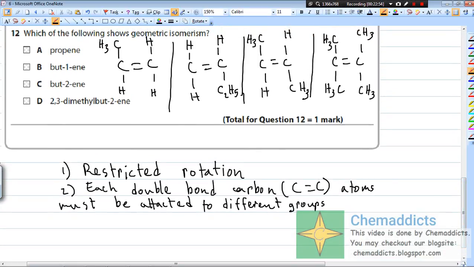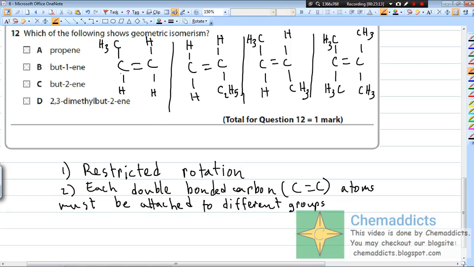Each double bonded carbon atom must be attached to different groups.